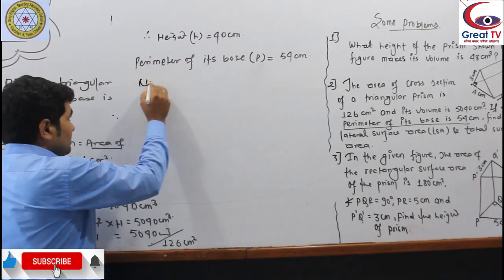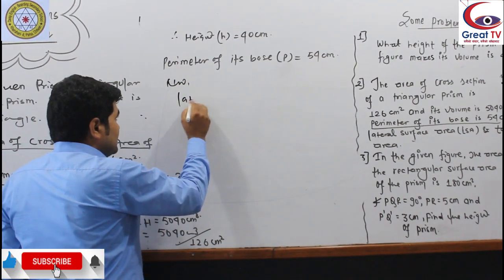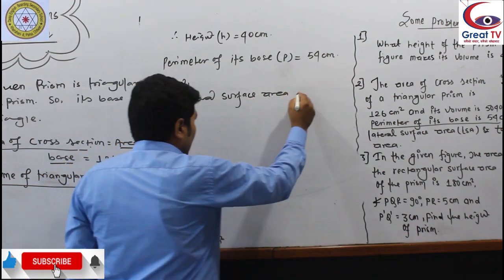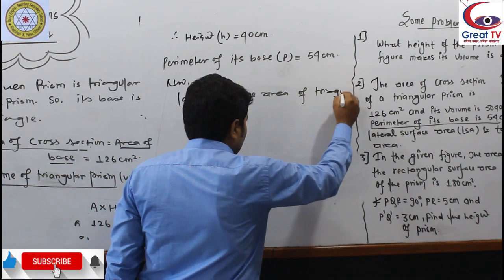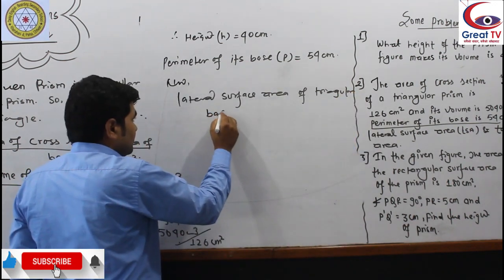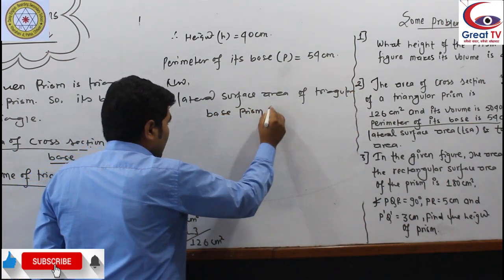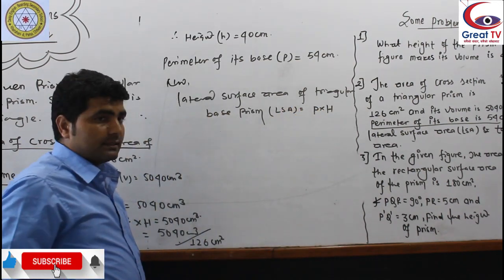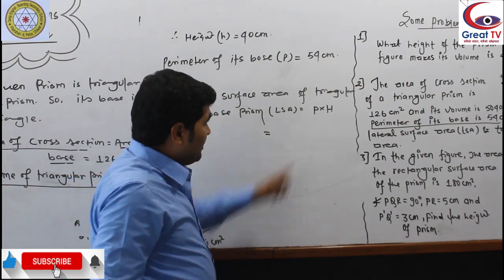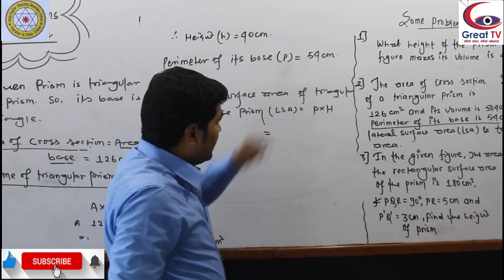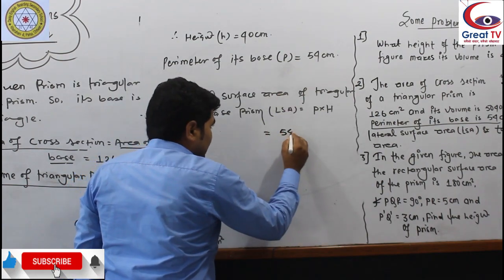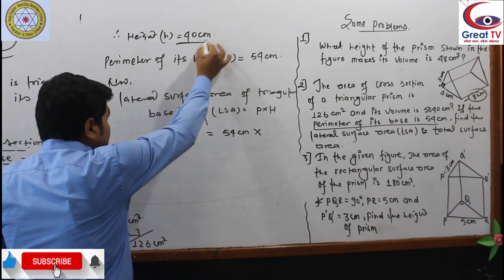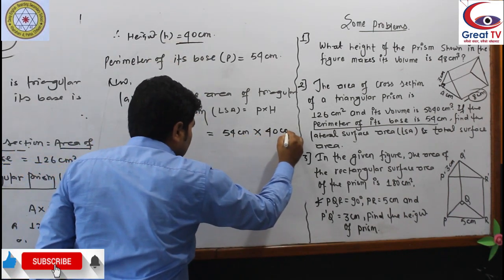Now the lateral surface area of the triangular base prism. LSA equals P times H, equals perimeter of base, 54 cm, into height of that prism, 40 cm.